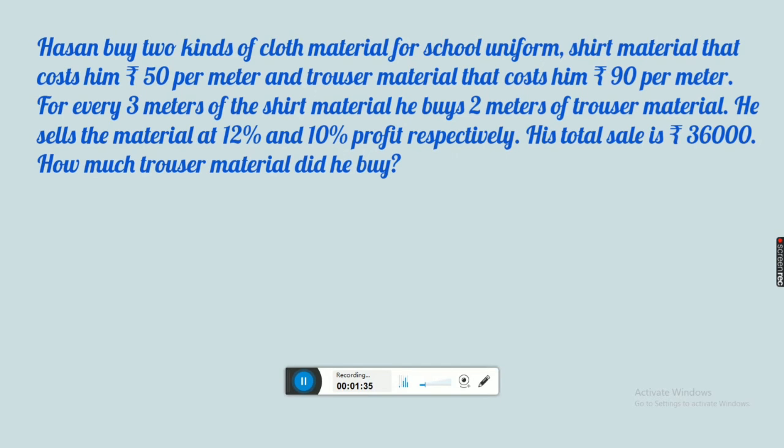He sells the material at 12% and 10% profit respectively. It means that he sells the shirts at 12% profit and trousers at 10% profit.